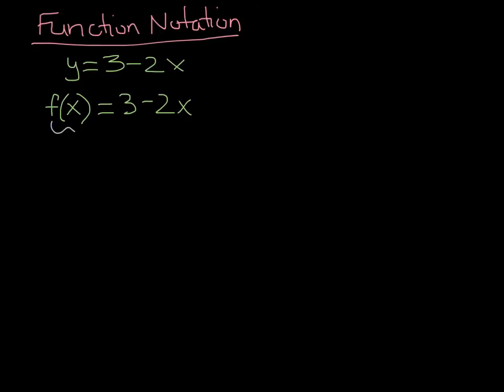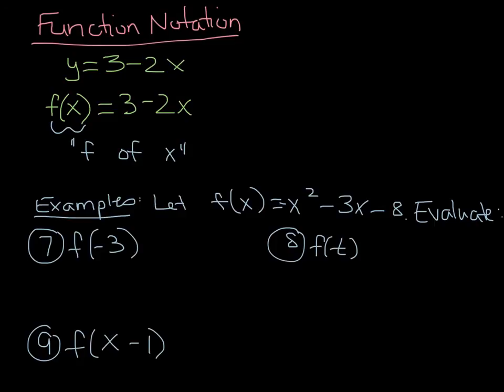So now remember, this is pronounced f of x. So f of x is just kind of a fancy way to write y. It means the function evaluated at x. So let's do some examples. So we're going to use f of x equals negative x squared minus 3x minus 8.